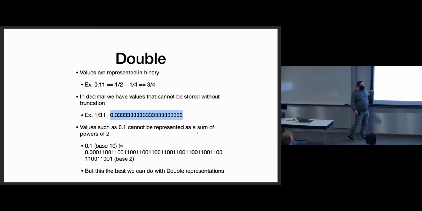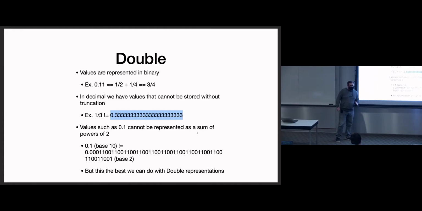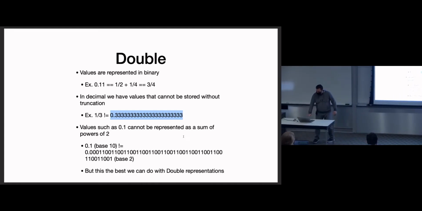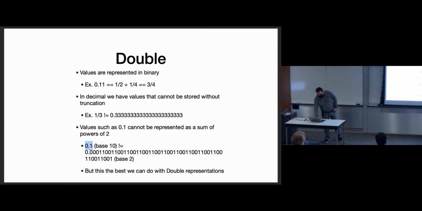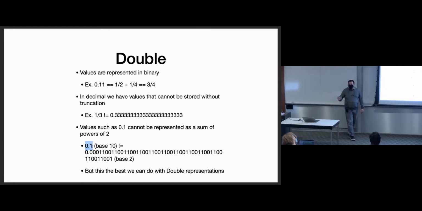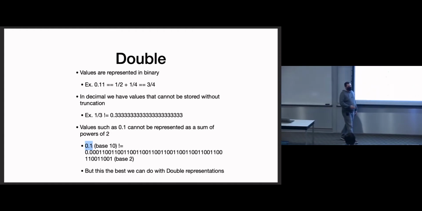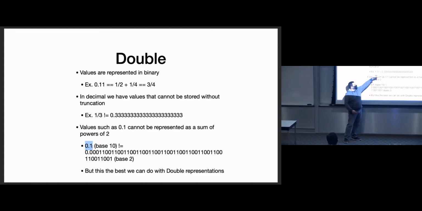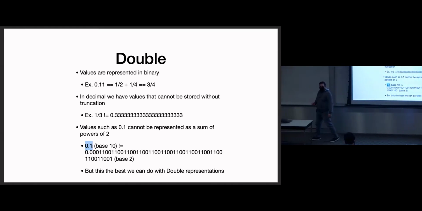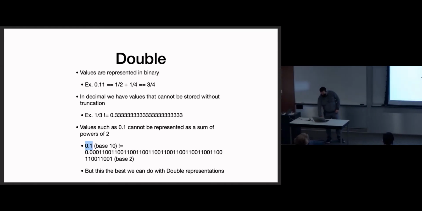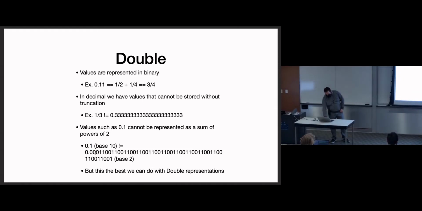The same exact thing is going to happen in base 2 in the computer. In our computers, if we try to represent, for example, 0.1, 1/10 in base 10, we can't represent this as the sum of fractions of powers of 2. We can't represent it like we could represent 3/4 just fine. We cannot represent this value in base 2 exactly. In base 2, it's going to be 0.0, and then 0011, 0011, 0011.